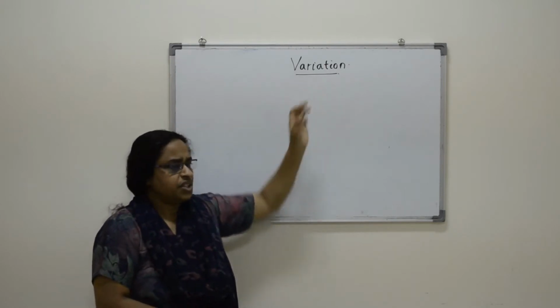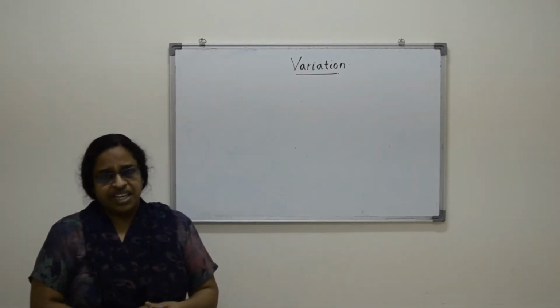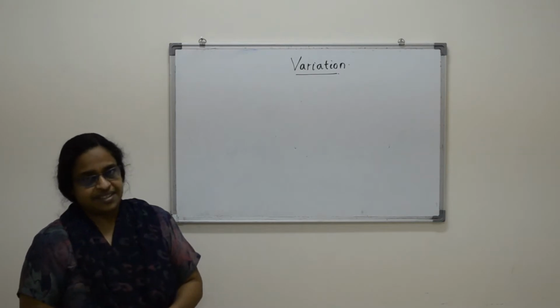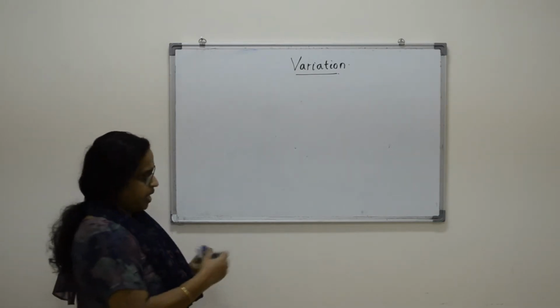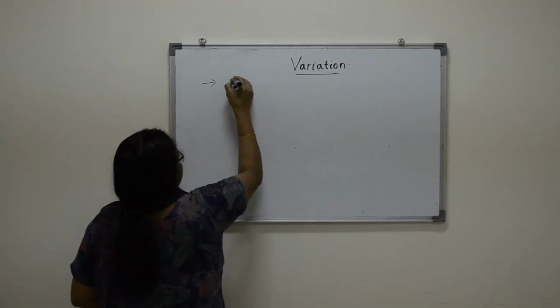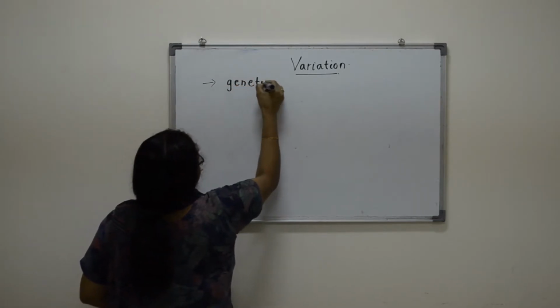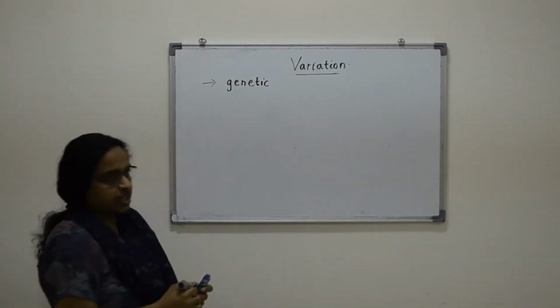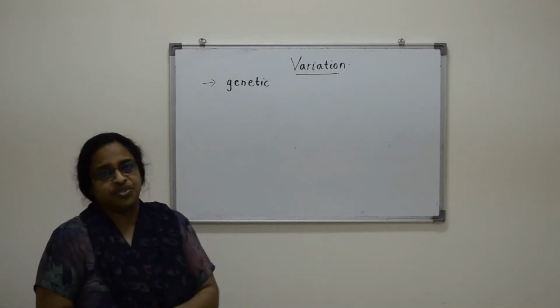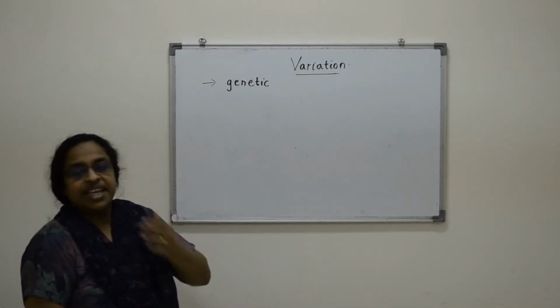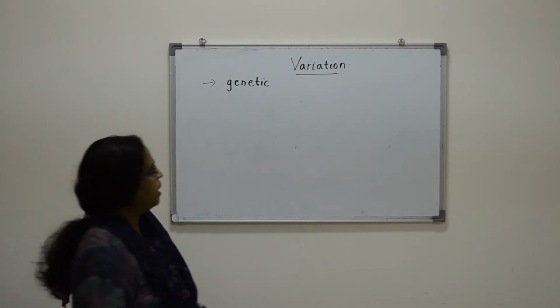Okay. So the reasons for variations can be of three kinds. Some may be genetic. Genetic variation, because of genes. For example, we can say the blood groups.